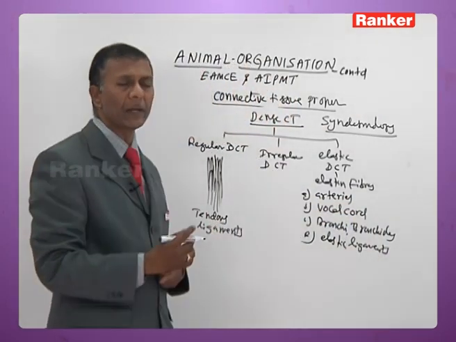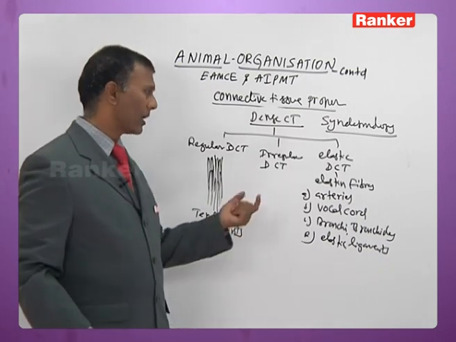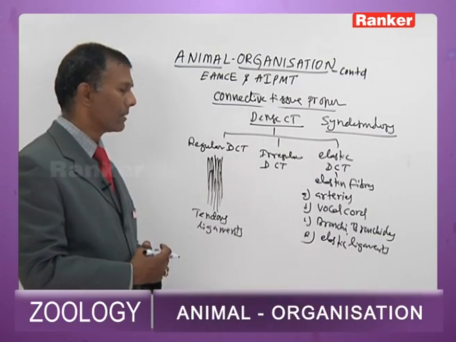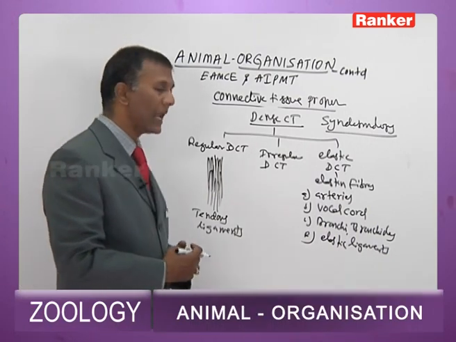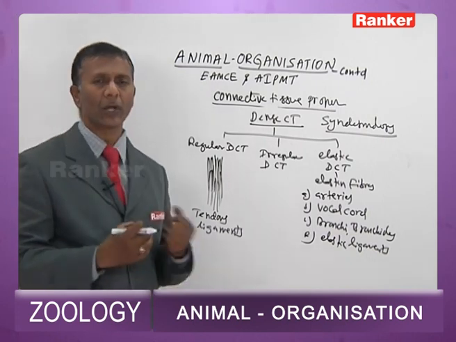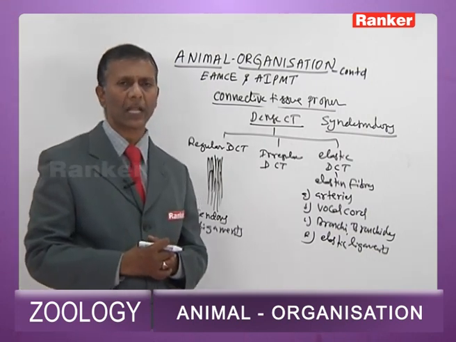Elastic ligaments, which help in connecting the vertebrae together, are all made up of elastic connective tissue. So, they are all types of dense connective tissue.